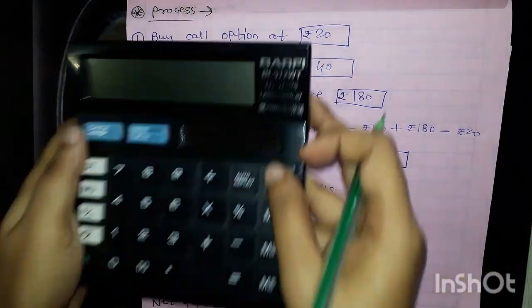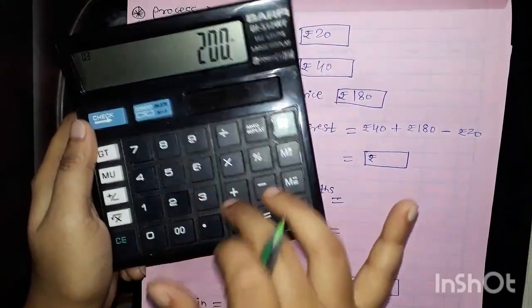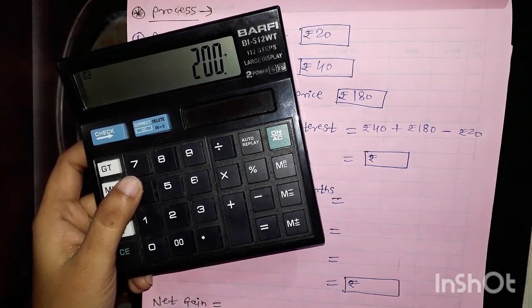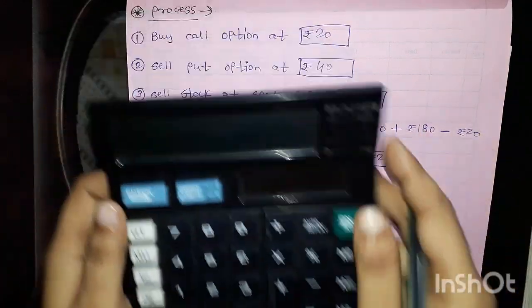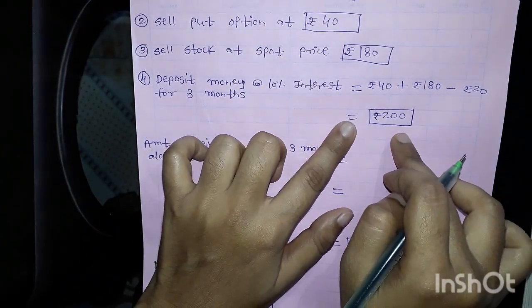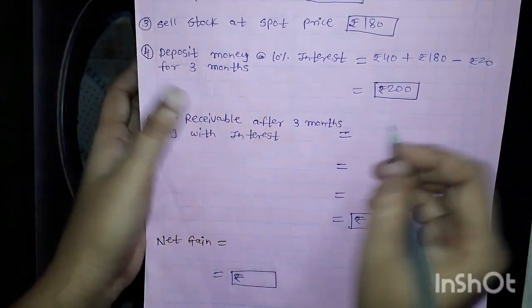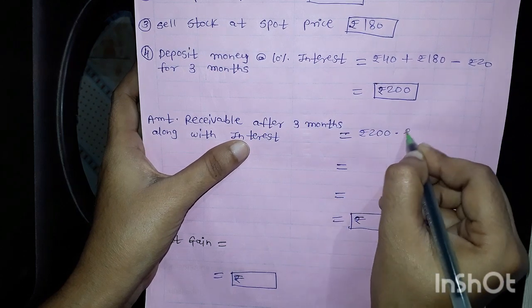So 40 plus 180 minus 20, my requirement is 200. I mean to say my deposit amount will be 200. I have excess money, that is 200, and I will deposit this money for 3 months.